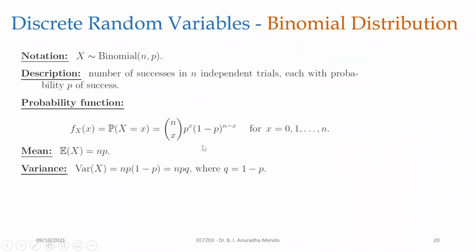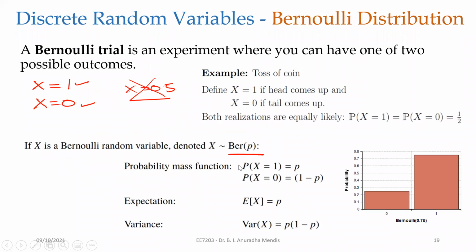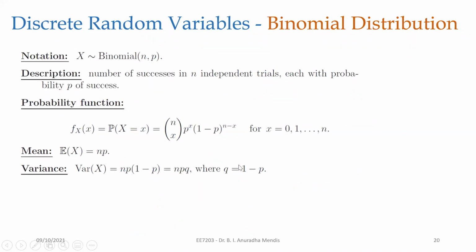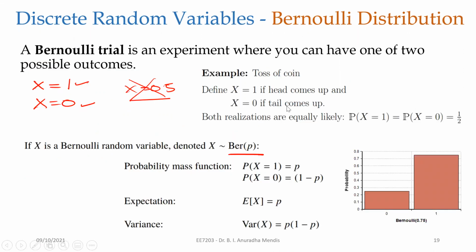Now, can you identify the difference between Bernoulli distribution and binomial distribution? There is a relation. In Bernoulli distribution, this is an experiment where you can have one of two possible outcomes, either success or failure, either win or fail, either head or tail.